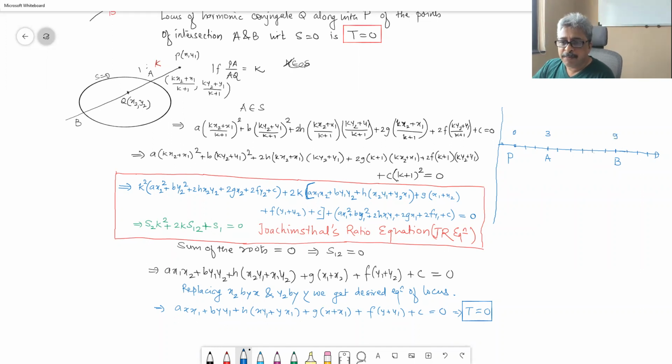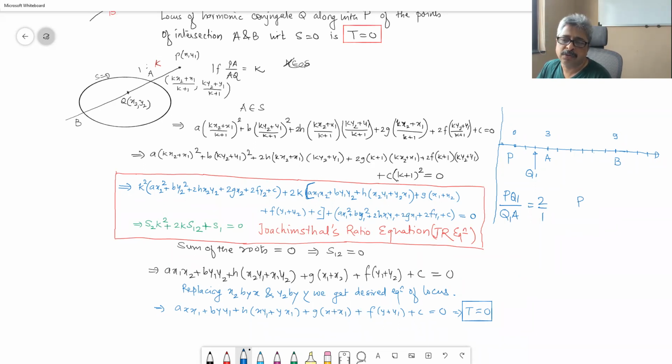So suppose I put Q here now at this place, Q1. Then PQ1 upon Q1A is how much? 2 upon 1.